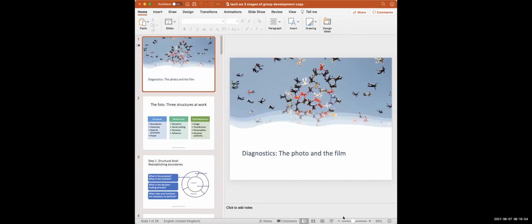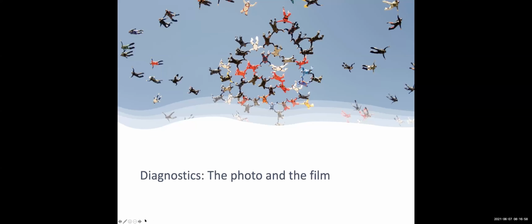So just as a quick reminder, we're going to show you the different levels of the team again. Here you have diagnostics, the photo and the film.